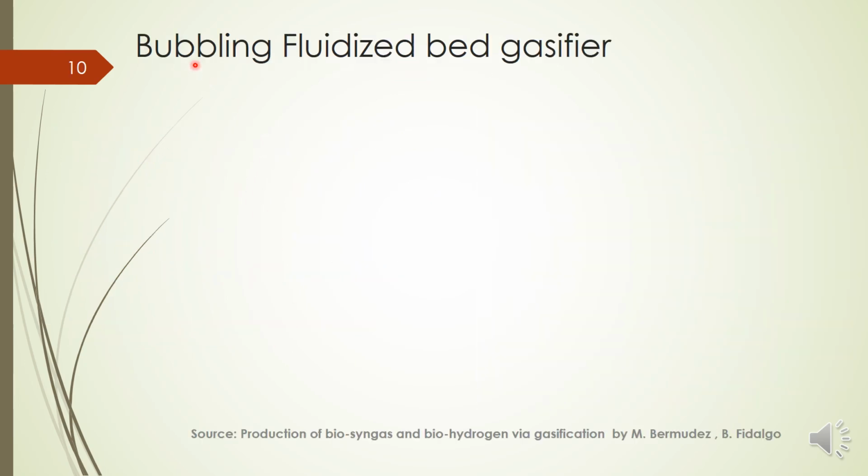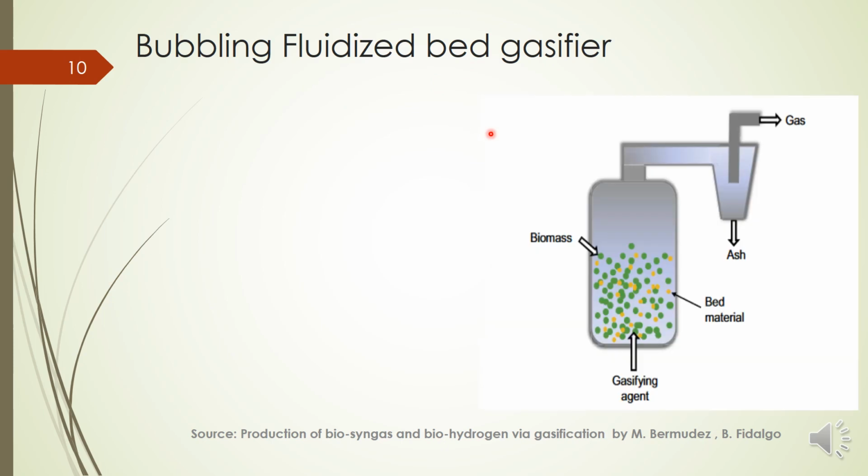Here we have two main classifications, that is bubbling fluidized bed and circulating fluidized bed. This is known as BFB gasifier, bubbling fluidized bed. Another one is known as CFB, that is circulating fluidized bed. This is a typical bubbling fluidized bed reactor.